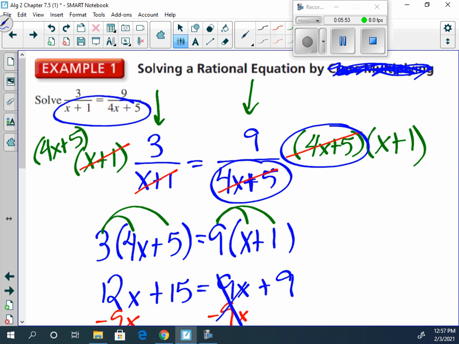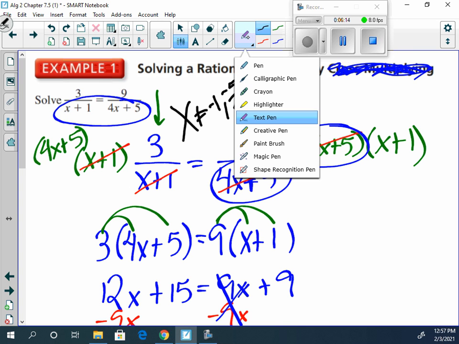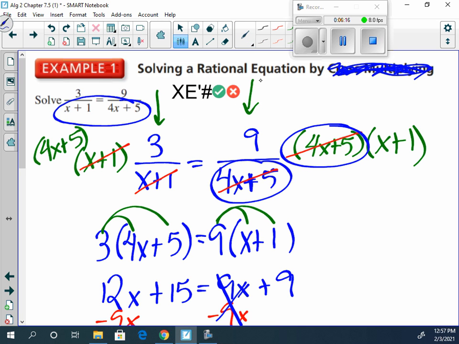So these two denominators here would be our restrictions. For this here, x cannot be -1 or -5/4.